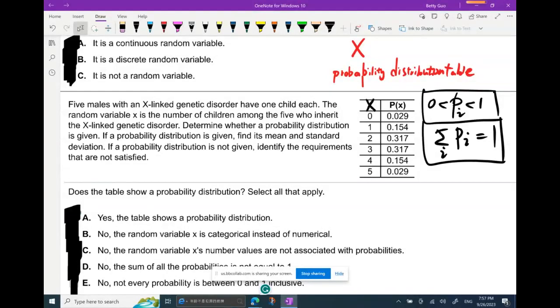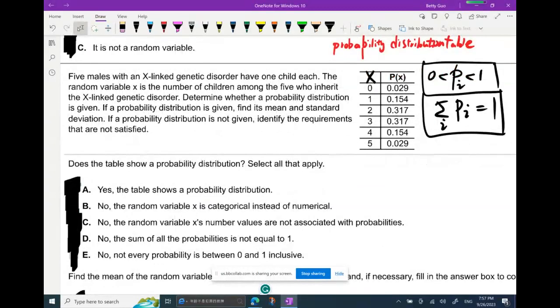Determine whether a probability distribution table is given. If a probability distribution table is given, find its mean and standard deviation. If a probability distribution table is not given, identify the requirements that are not satisfied. Okay, look at our table, the 2-column table. Check the 2 conditions, and then select from A, B, C, D, E.